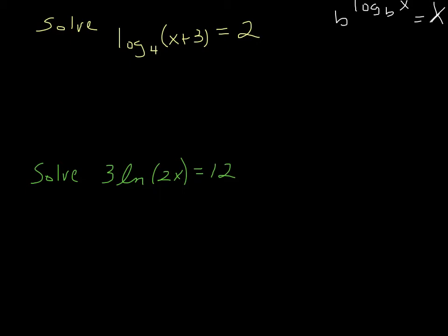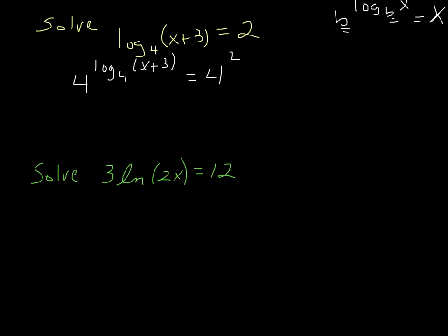So what I'm going to do is write both of these things as exponents with the same base. And the base needs to match whatever the base is of the log. So I'm going to rewrite this as 4 to the log base 4 of x plus 3 equals 4 raised to the second power.